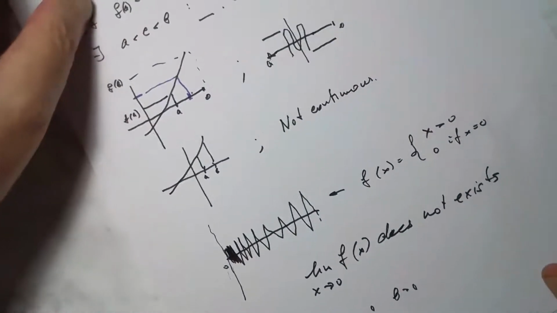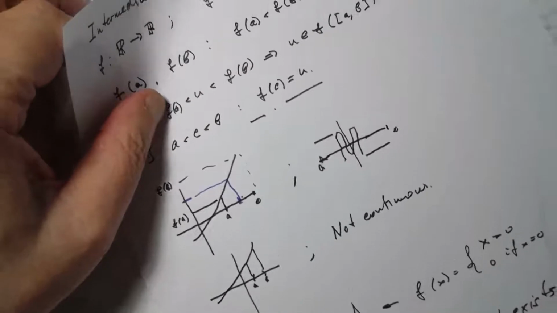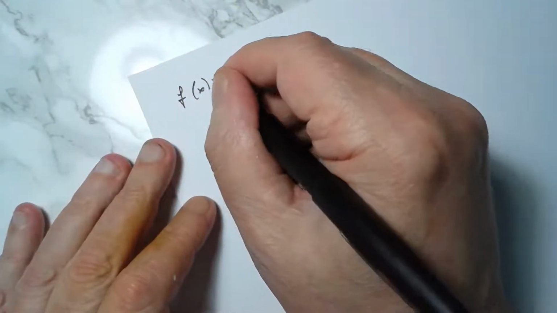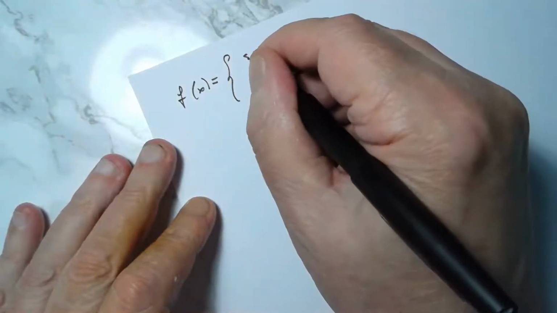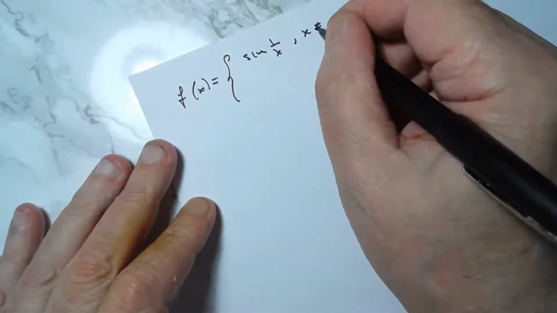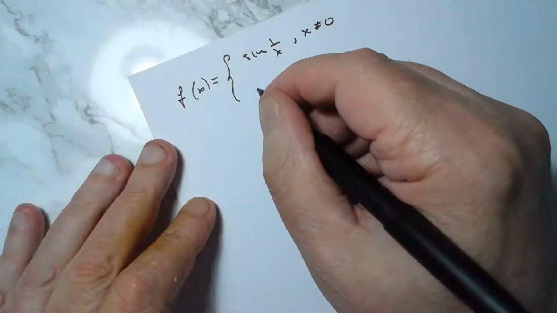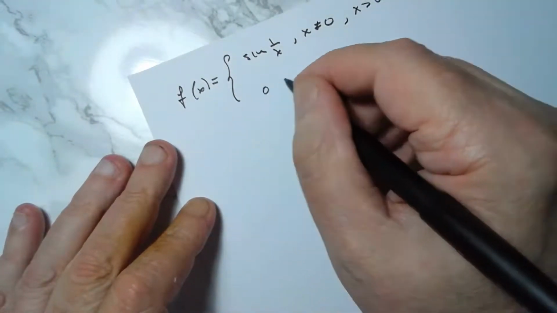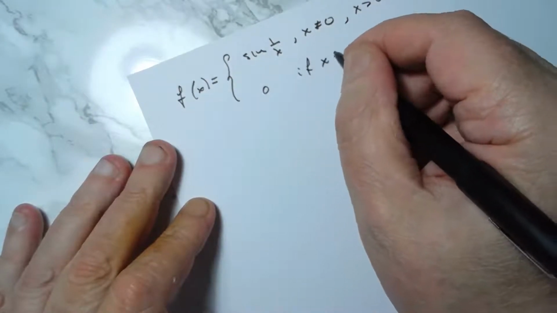So this is like my picture of this function. Rudin gives you exactly the same example, and I'm going to follow what Rudin says now. f of x is equal to sine of 1 over x if x is greater than 0, and it's equal to 0 if x is equal to 0.